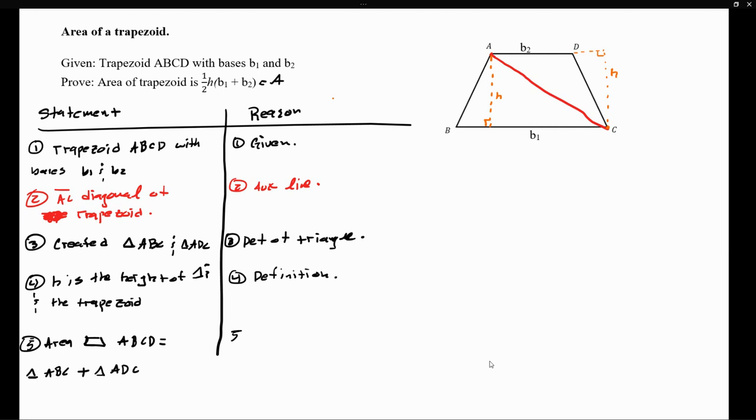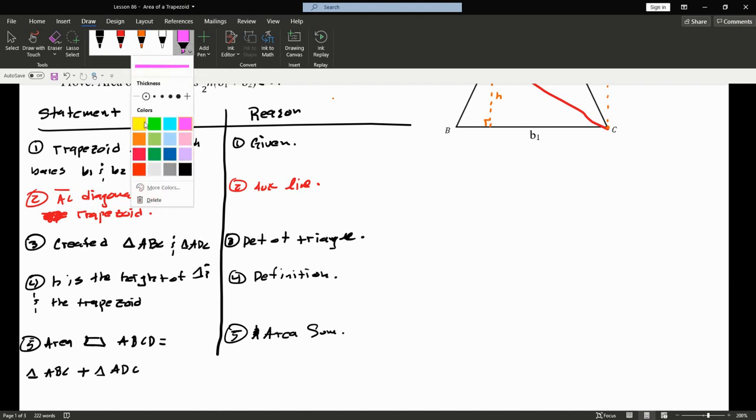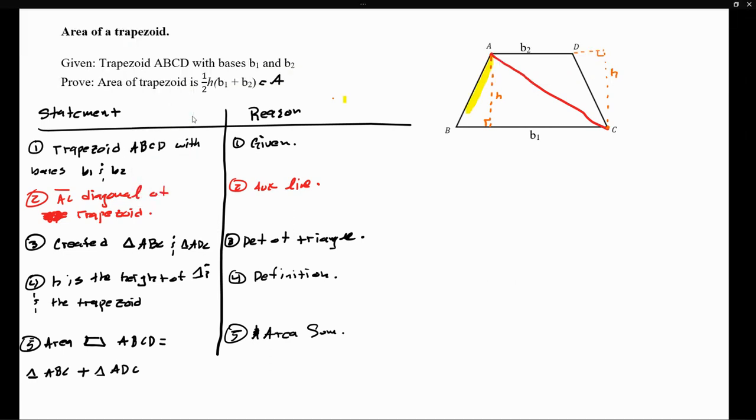And this is just area sum, not angle sum. So let's define the area of those triangles. Here we have the triangle on the bottom. Let's try to define the area of that triangle.